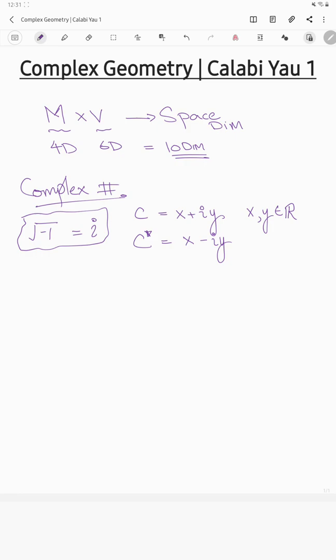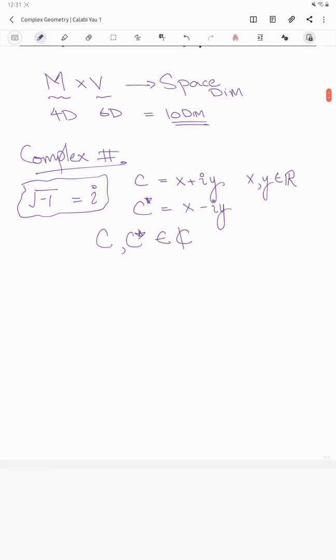Note that both c and c star do not belong to the real space, but instead belong to a space called the complex space or the complex plane.